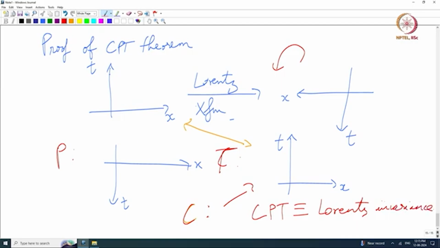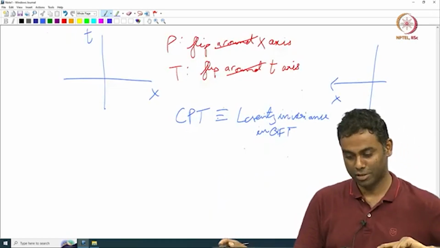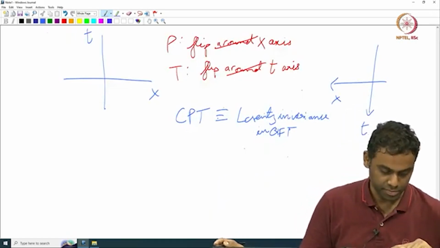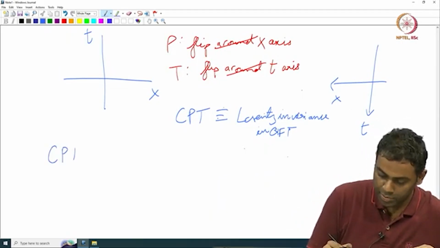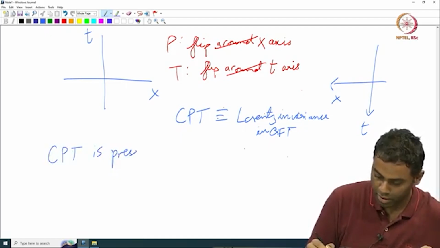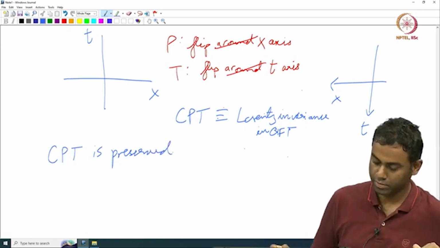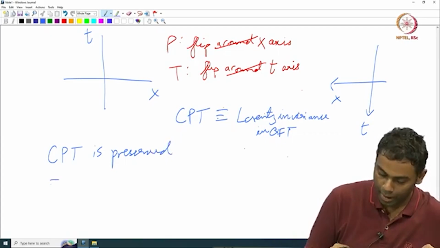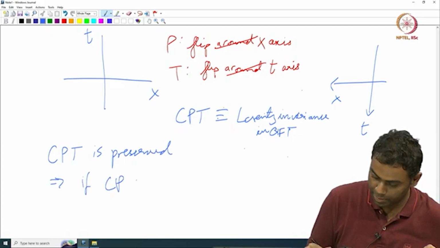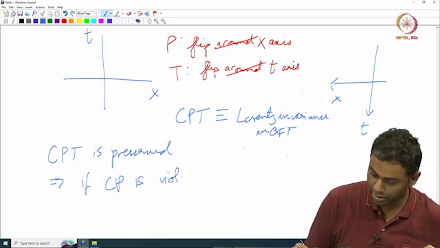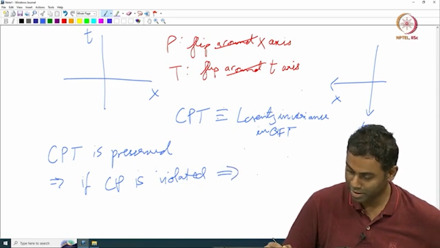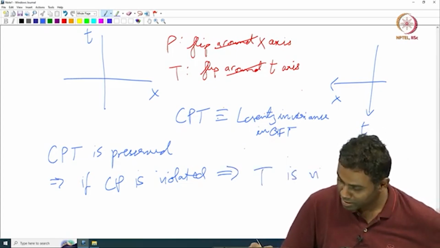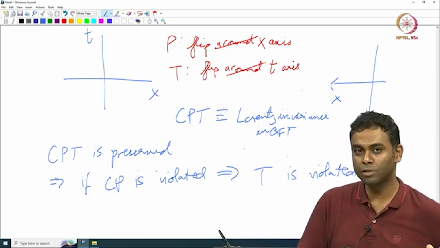Okay, very good. So, what is the spooky consequence now? Having learnt this, it means that since CPT is preserved, if CP is violated, it also means that T is violated, and that is spooky.